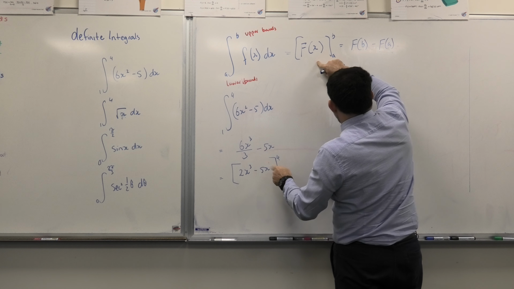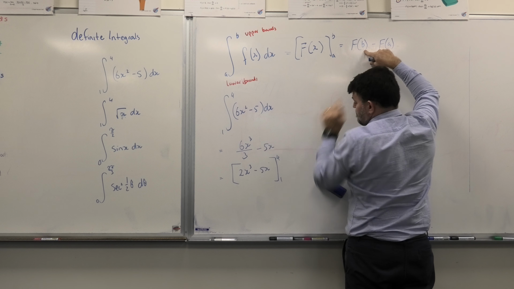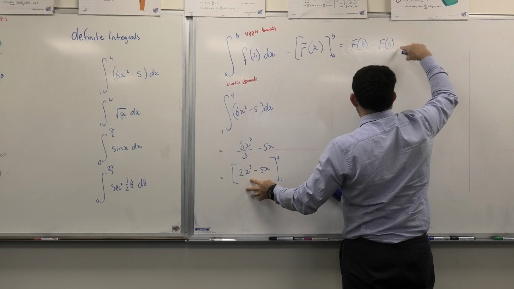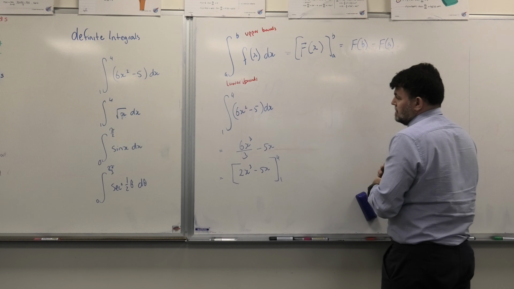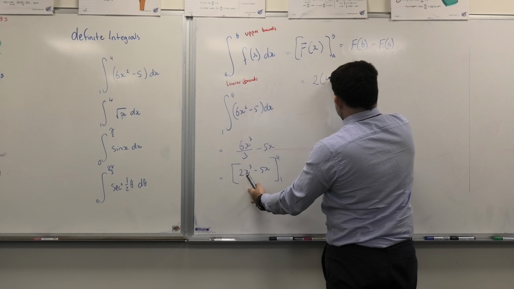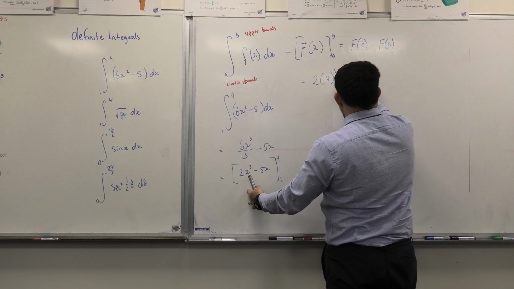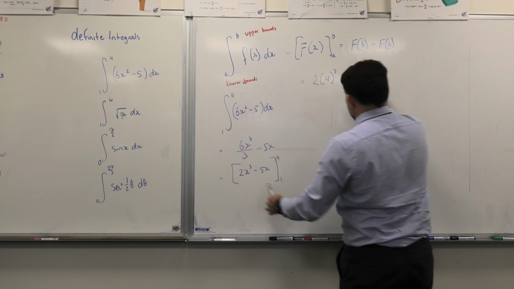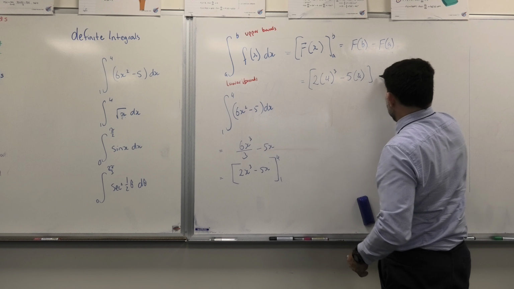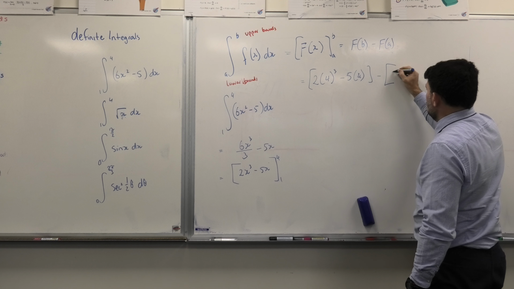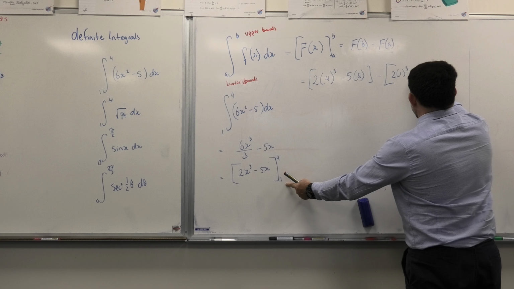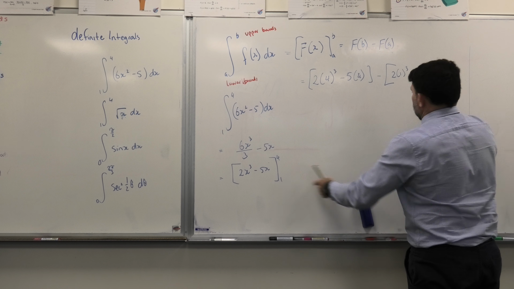Now let's substitute the value of b, in this case 4, for all the x's, and then subtract from that all the values of a substituted for all the x's. So we have two brackets: 2 times 4 cubed minus 5 times 4, minus 2 times 1 cubed minus 5 times 1.